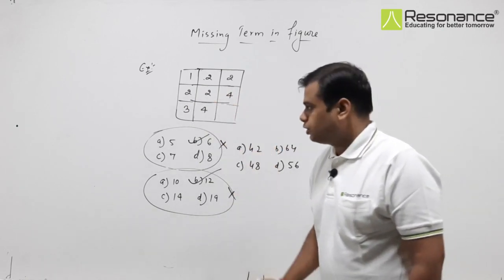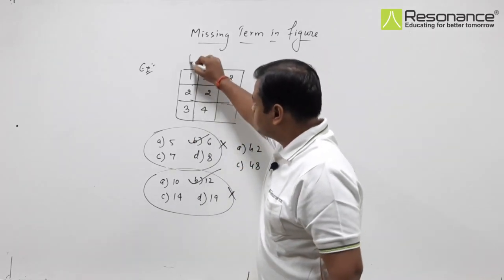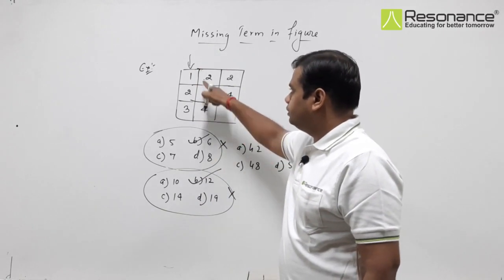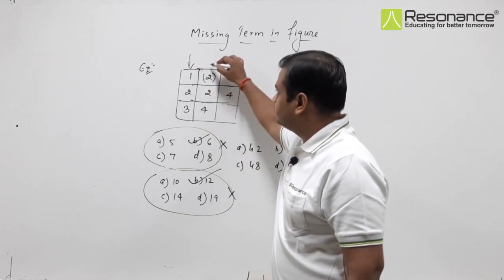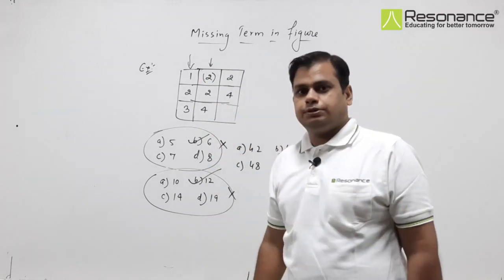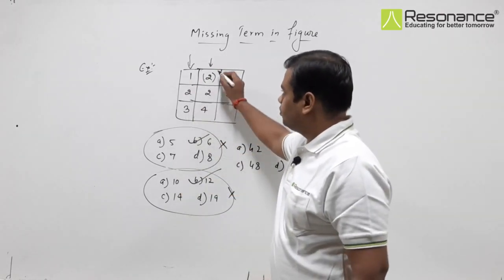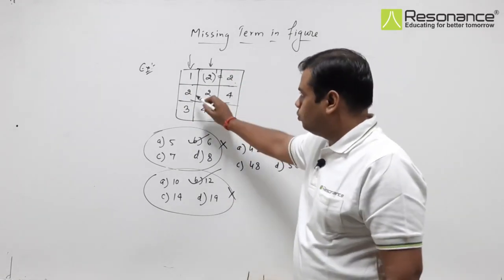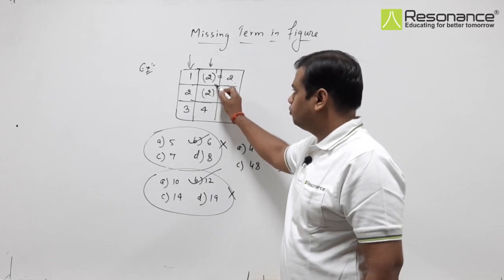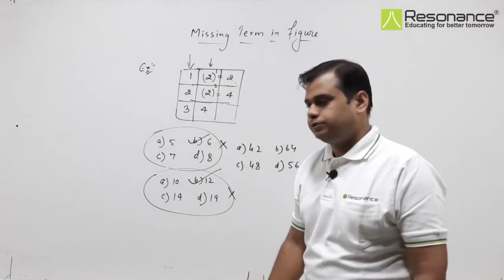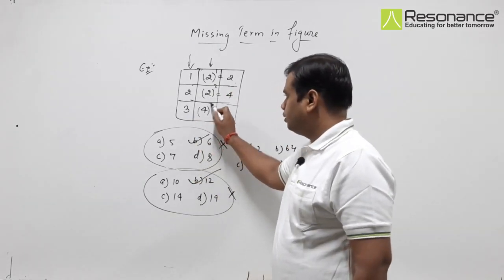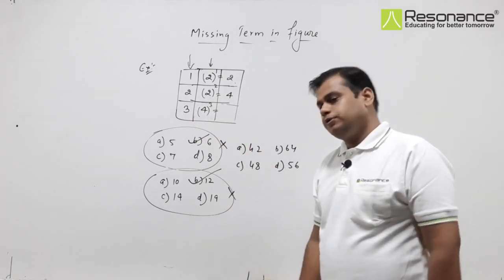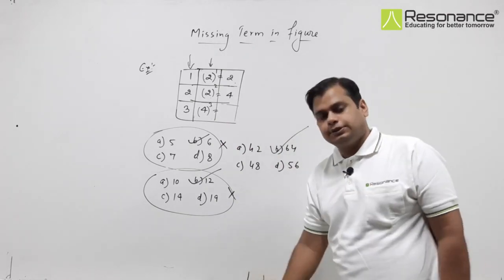If you see the numbers of this column, if we write these numbers in powers, 1 to the power 2 is equal to 2, 2 to the power 2 is equal to 4. So 3 to the power 4, 4 power 3, 4 into 4 into 4, that gives us 64.